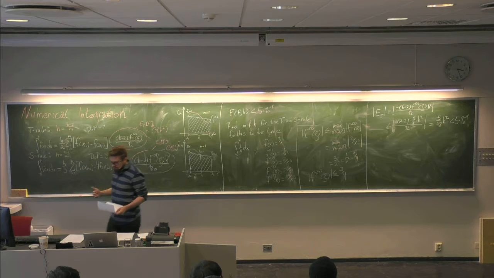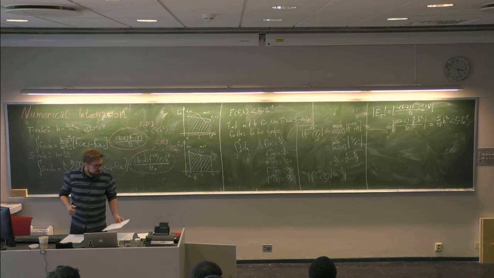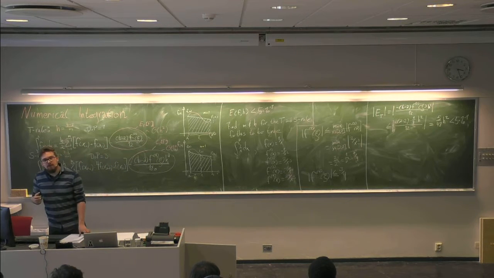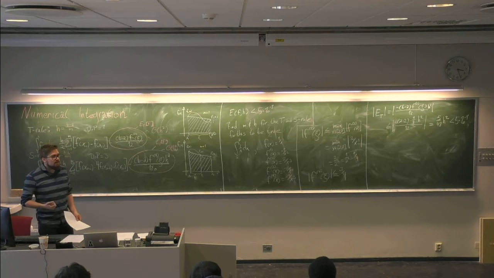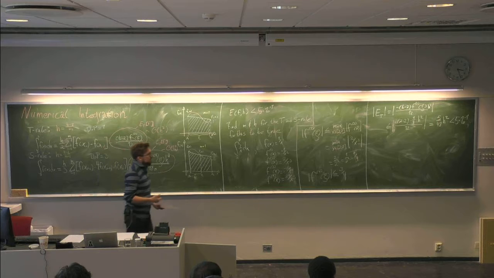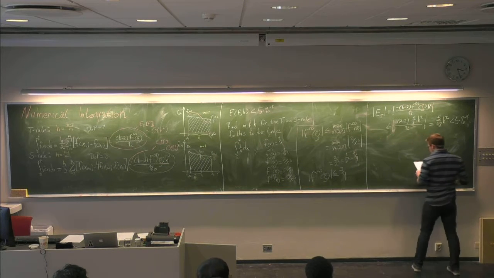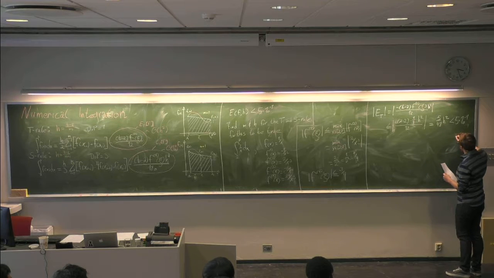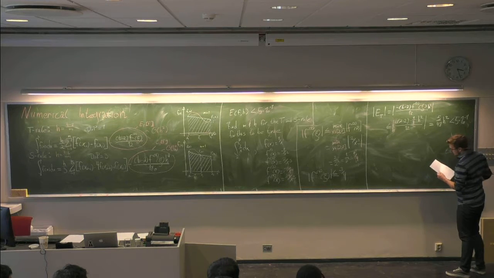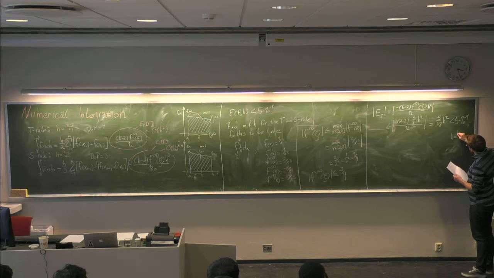So we could figure out h directly from this, but the number of intervals has to be an integer. Does that make sense? Again, we remember that h equals (b minus a) over m.